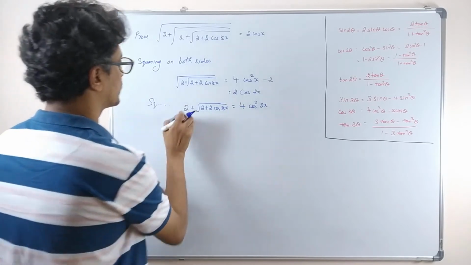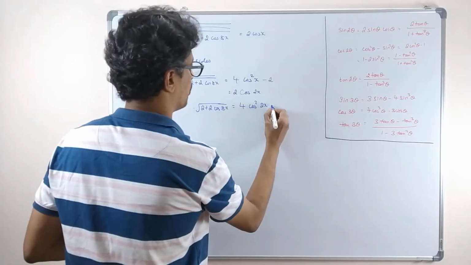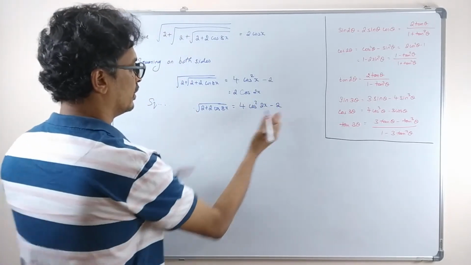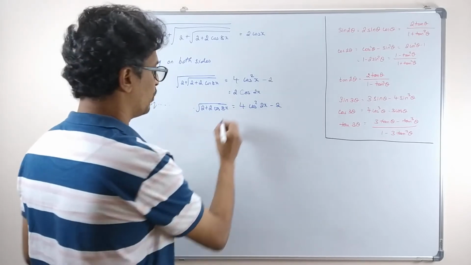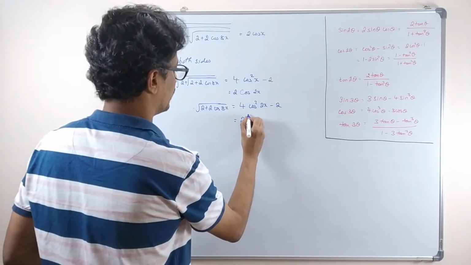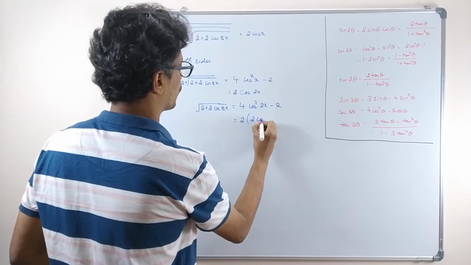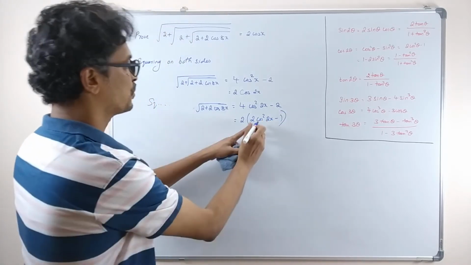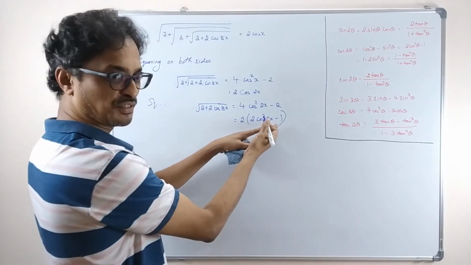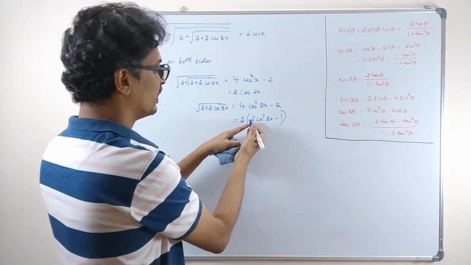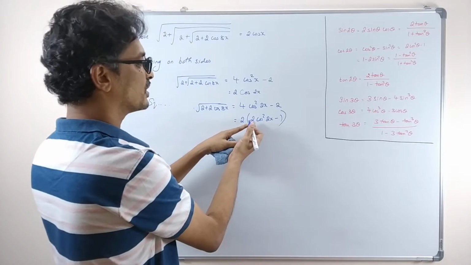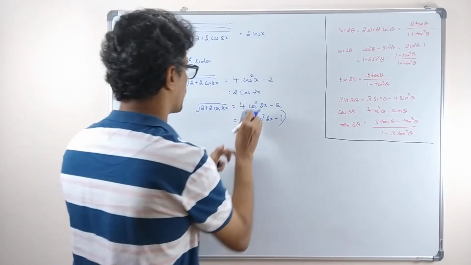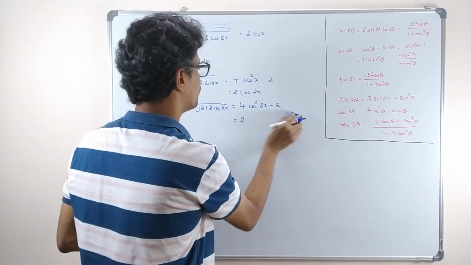Again take this 2 that side, minus 2. Am I right? Take 2 commonly outside. What you have? 2 cos square 2x minus 1. What is 2 cos square minus 1? It will be twice of this, right? So that become 2 cos of 4x.